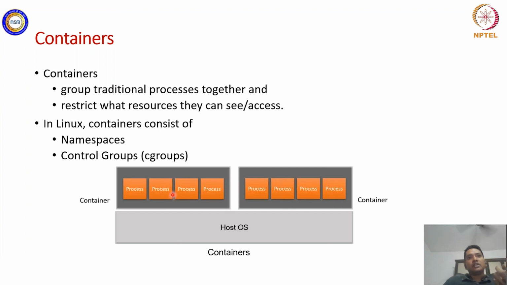So containers group traditional processes together and restrict what resources they can see and access. If you create one separate namespace and control group for one set of processes, then you can create one container and contain these processes in those control groups and namespaces.